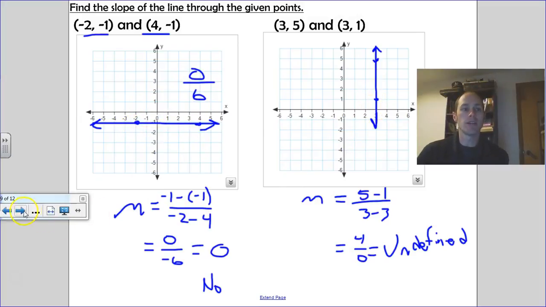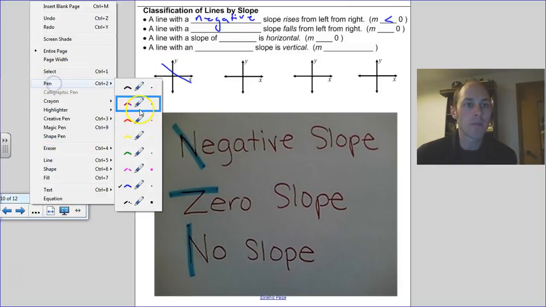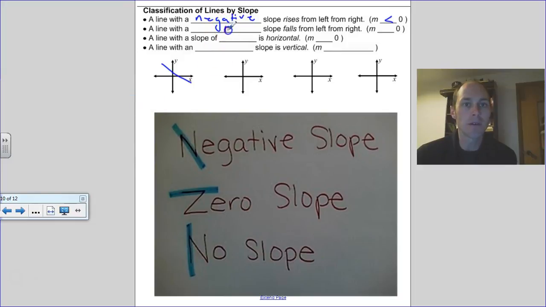This one is undefined. So the 4 major types of slopes, we'd have a negative slope. And that's where it's going down as we look left to right. So the m value is less than 0. We could talk about how something has positive slope. That's where it's going up as we look left to right. And that's where the m value is greater than 0.